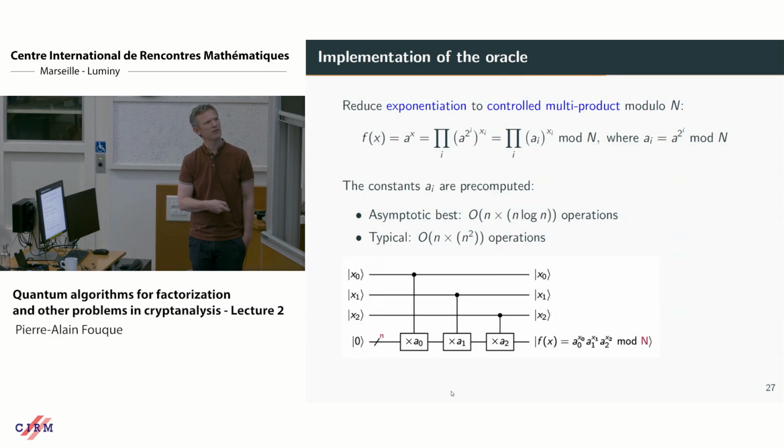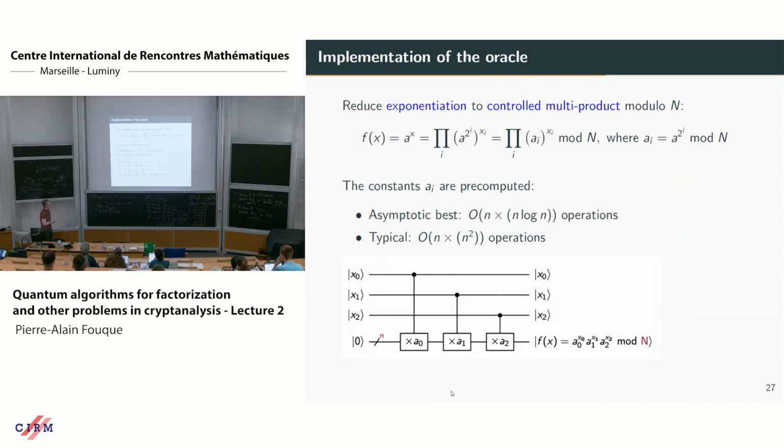Oh sorry, here I think we don't begin with a 0, we begin with a 1, but you just apply a NOT on the first qubit. And here, if x0 is 1, we apply this a0. If it is a 0, we don't do anything.